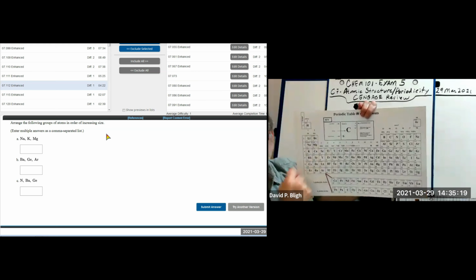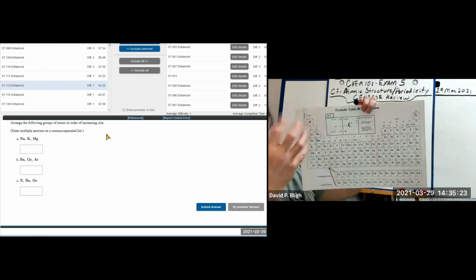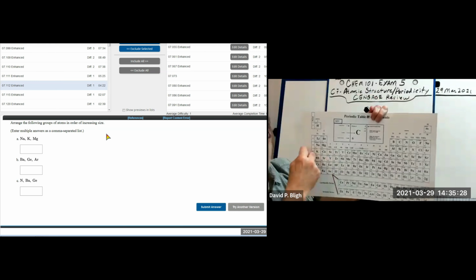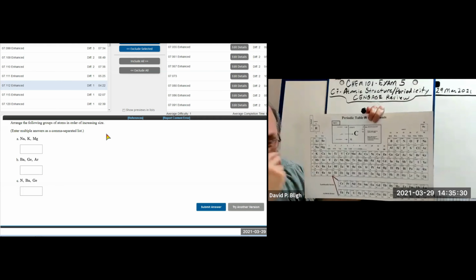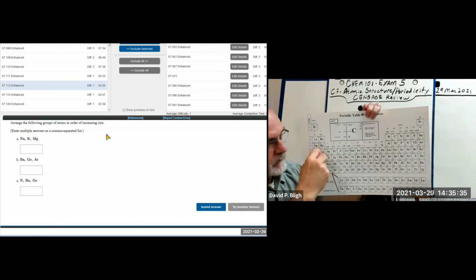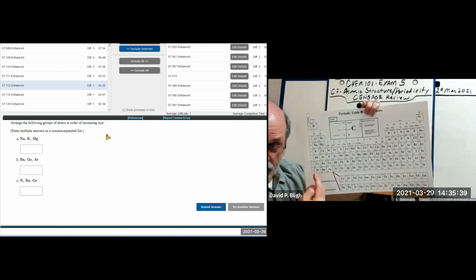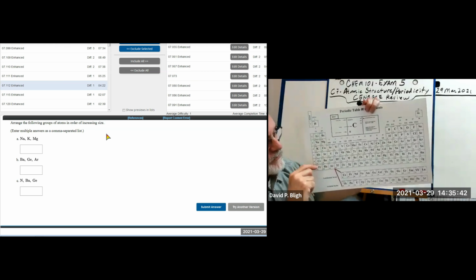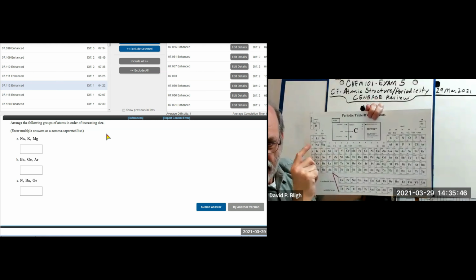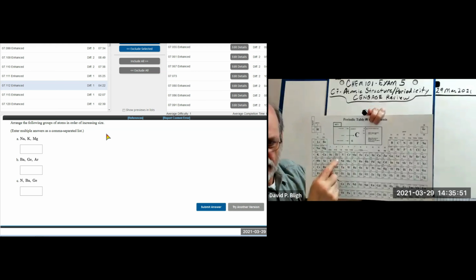When you're going down, you're adding energy levels, which is just bigger, bigger, bigger. And the inner core electrons are shielding the outer ones from those added protons in the nucleus. So they get bigger going down. So that means they get smaller going up. So lower left, upper right, the atomic radius, atomic size decreases.